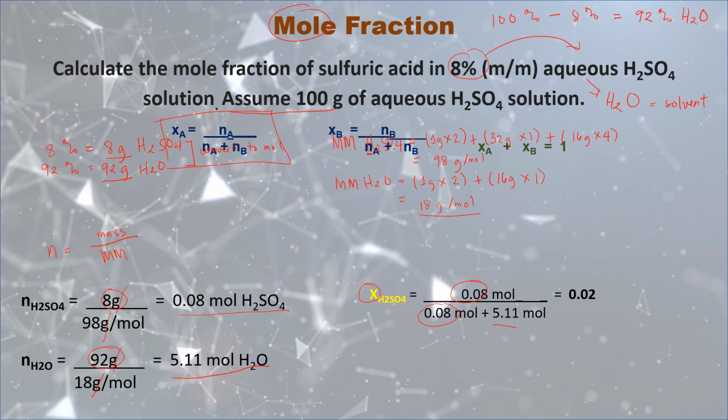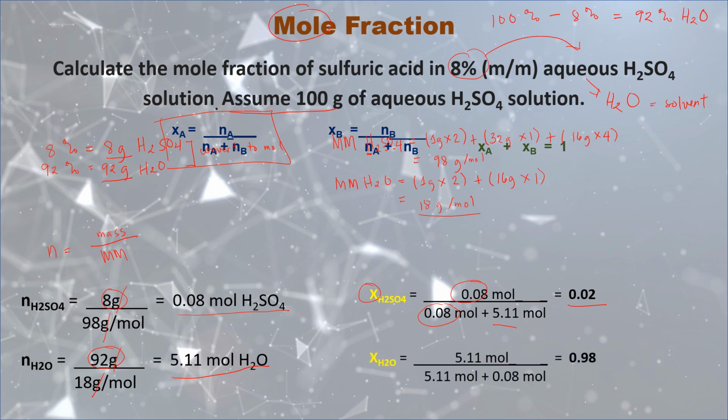The answer is 0.02. Take note that there is no unit for mole fraction because the mole unit is found in both the numerator and the denominator, so the unit cancels out.